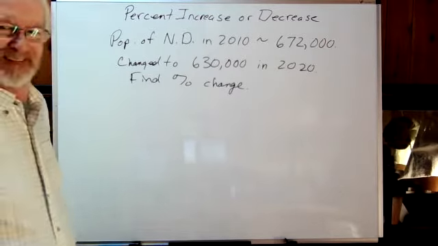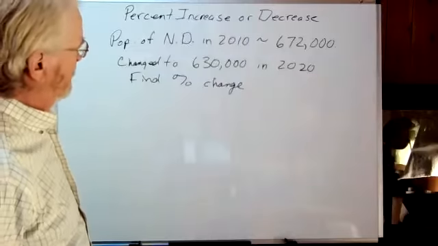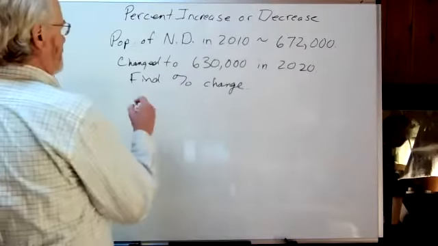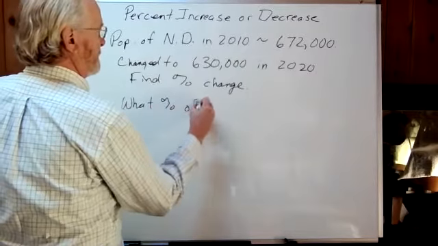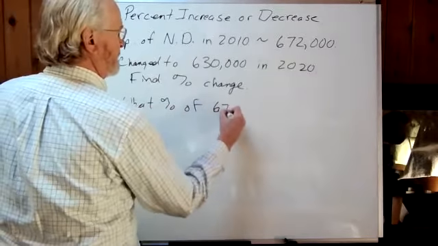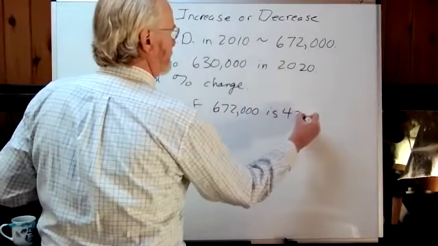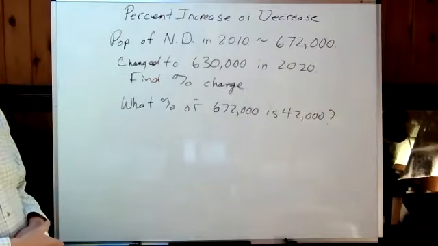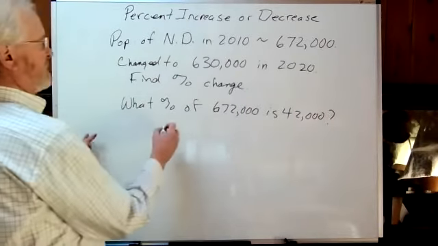What percent did it decrease by? But 42,000, was that the amount of change? There's my sentence. Hopefully you agree, you've gotten that far. From that I can write my equation.